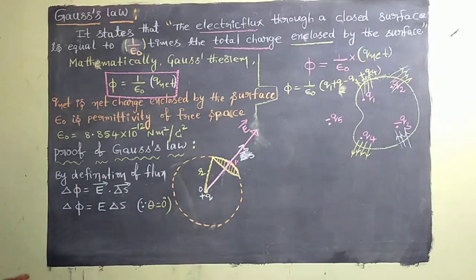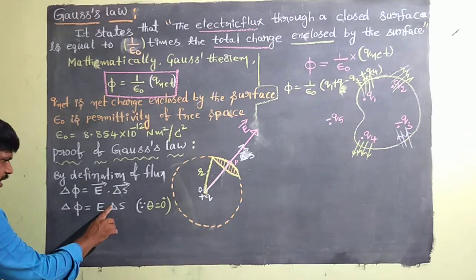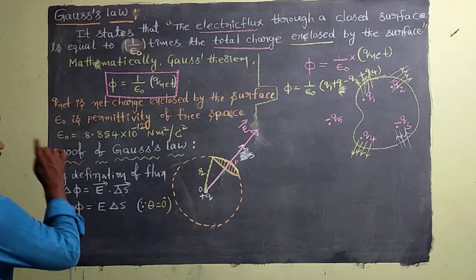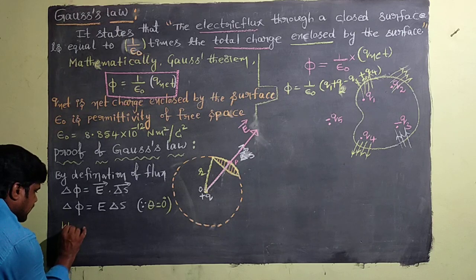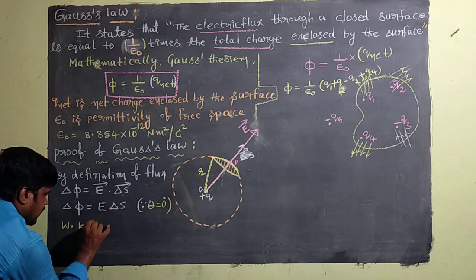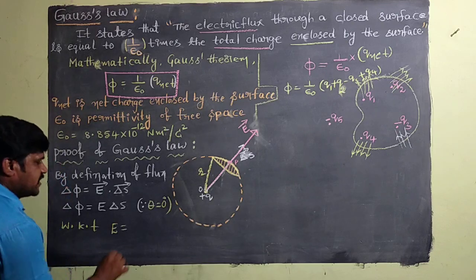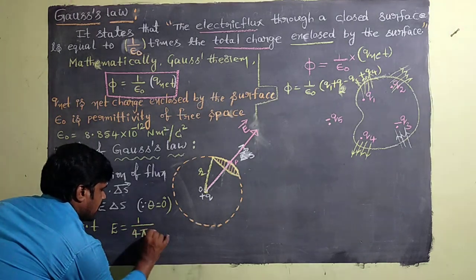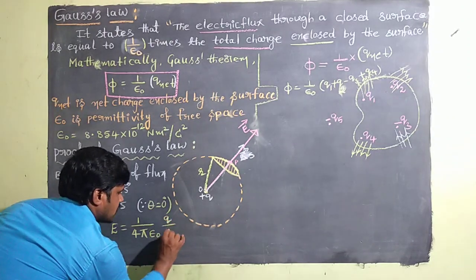Now delta phi is equal to E delta S, and E is the electric field. The electric field due to a charge at any distance r, the formula I have derived, is 1 by 4 pi epsilon naught q divided by r square.